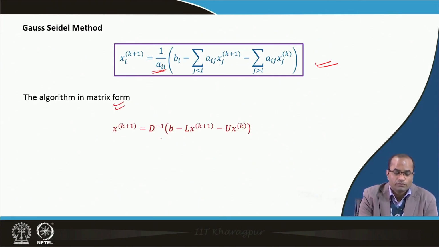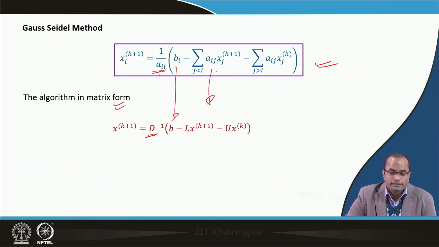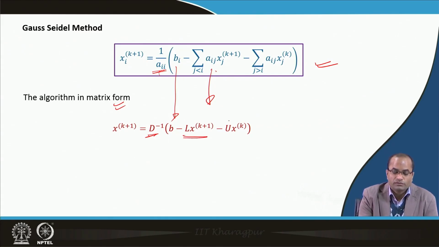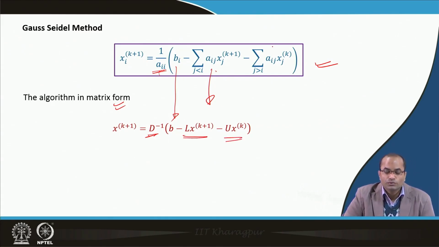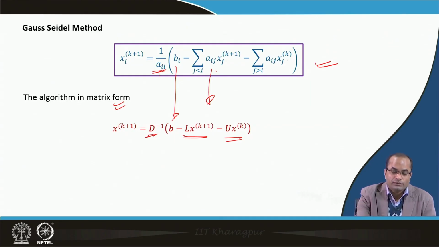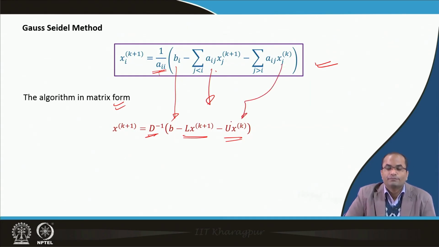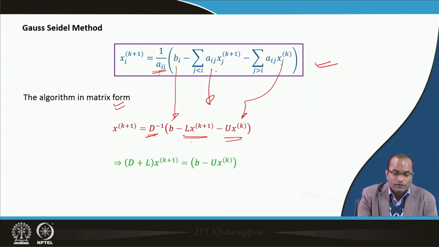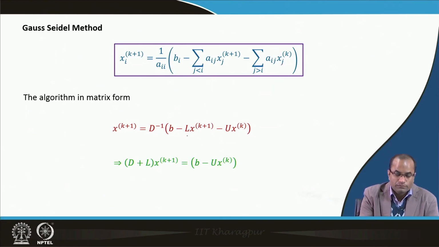So, this will be for D inverse, then we have this for b, and then here the lower part of the matrix is used. So, L x^(k+1), and there you have U x, where the values are used at the kth iteration. Now, we can do a bit more simplification. Here this L can go to the left-hand side.